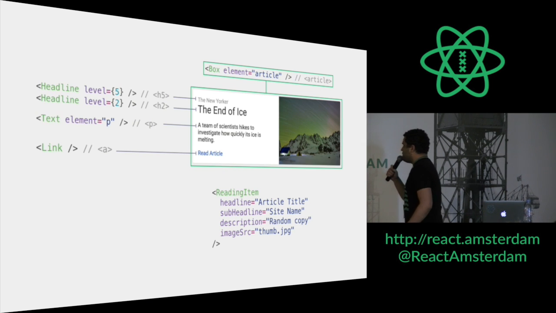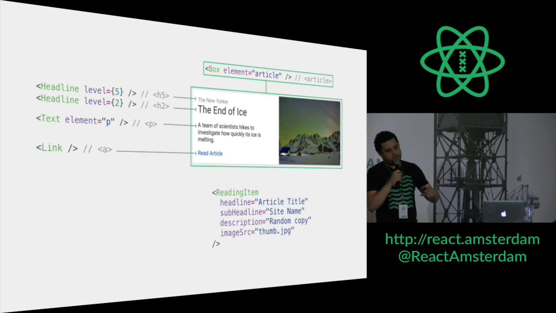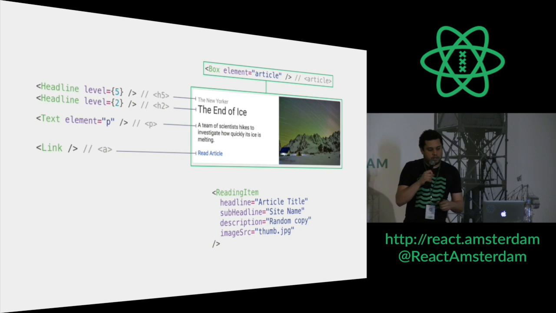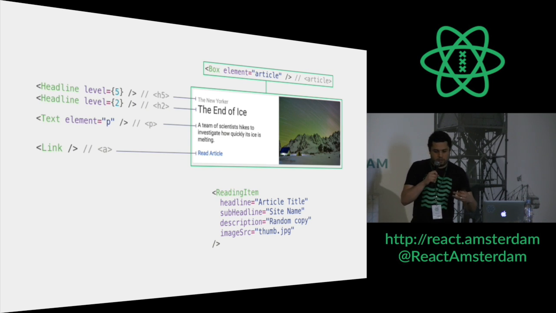So this is one example. Let's try to identify how this component looks, and you can see, I'm also thinking in semantics. So I want to have headers, I want to have the article, and yes, we need to try to abstract.